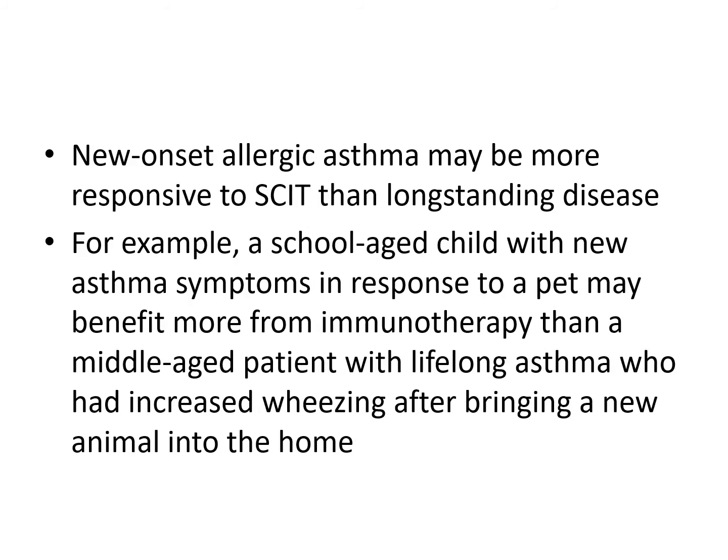New onset allergic asthma may be more responsive to subcutaneous immunotherapy than long-standing disease. For example, a school-aged child with new asthma symptoms in response to a pet may benefit more from immunotherapy than a middle-aged patient with lifelong asthma who had increased wheezing after bringing a new animal into the home.